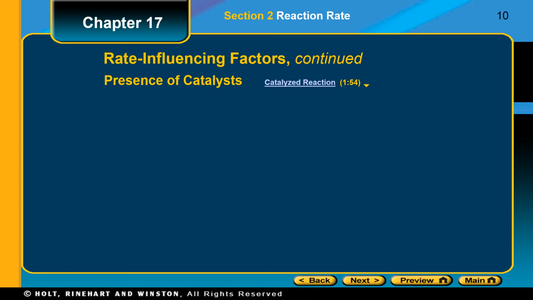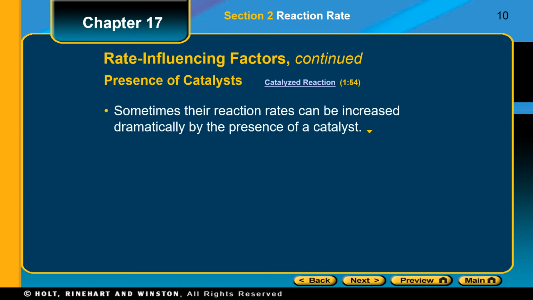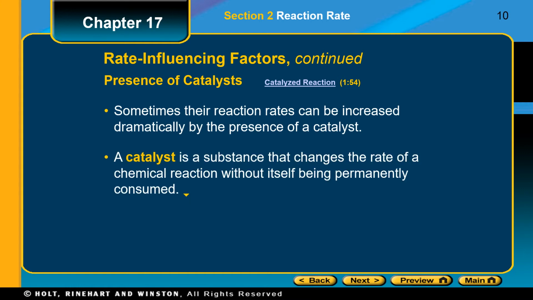Now, catalysts also can affect the rate of a chemical reaction. Sometimes reaction rates can be increased dramatically by the presence of the catalyst. And what is a catalyst? A catalyst is just a substance that changes the rate of a chemical reaction without itself being permanently consumed.